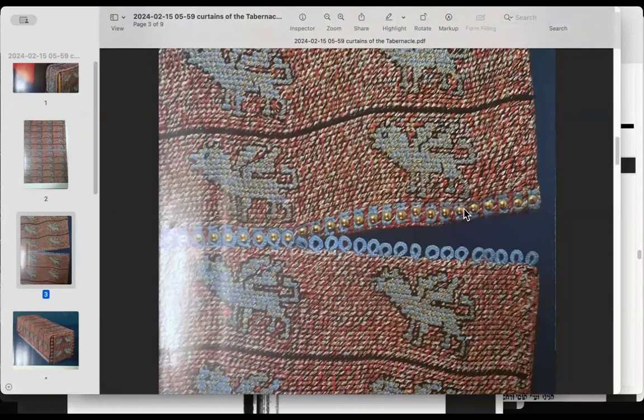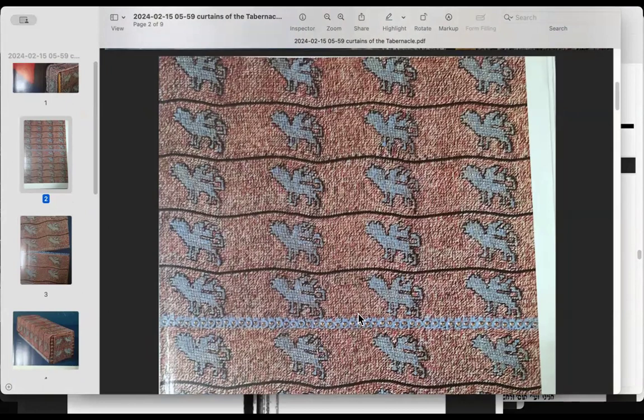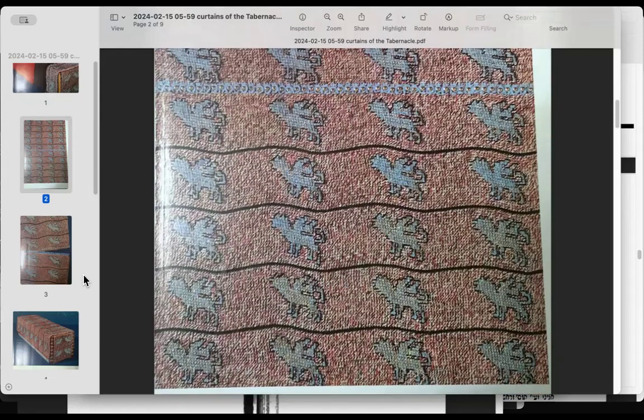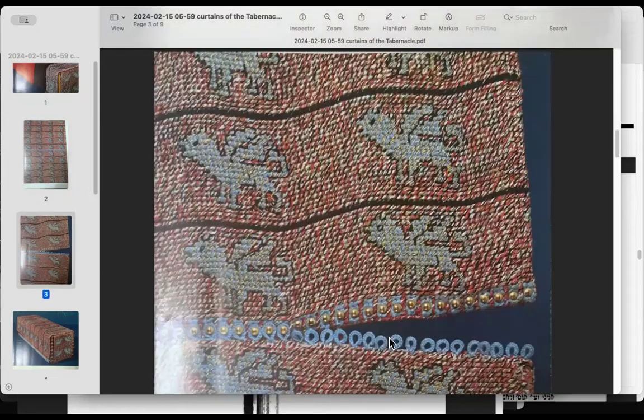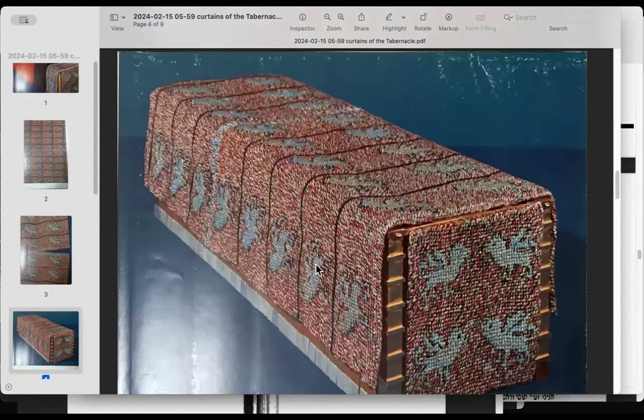You can see we're going to be told there's going to be 5 and 5. 1, 2, 3, 4, 5. See that? And then they're all connected. They're sewn together. And then another 5 that are sewn together. And then you'll see an early type of zipper, right? And then the next picture shows you how they cover the tabernacle, right? So they covered the tabernacle.